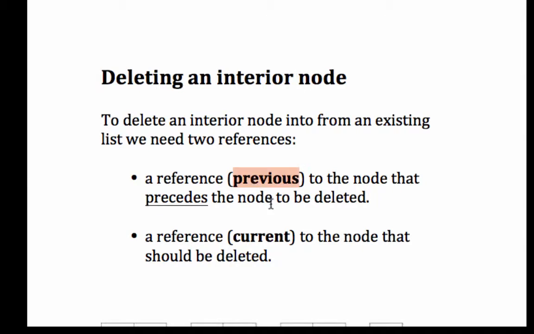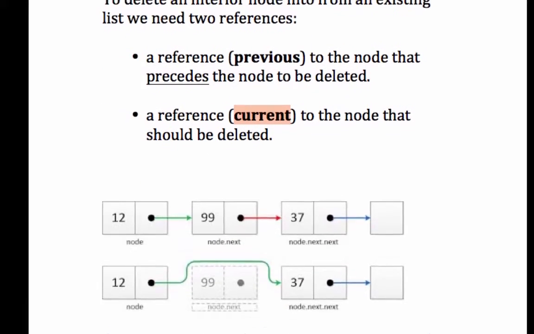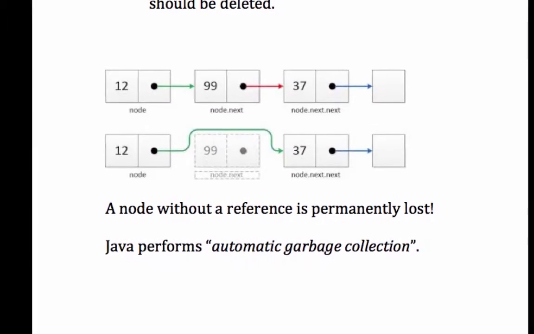There is going to be an external reference called previous, and that one we are going to use to refer to the node that precedes the node to be deleted, in other words, the node that is before the node to be deleted. The second external reference is going to be called current, and current is a reference that refers to the node to be deleted.